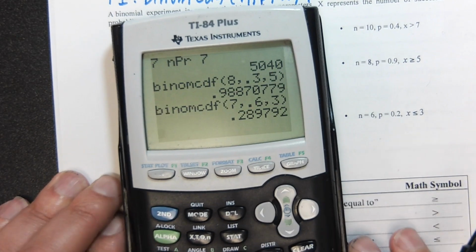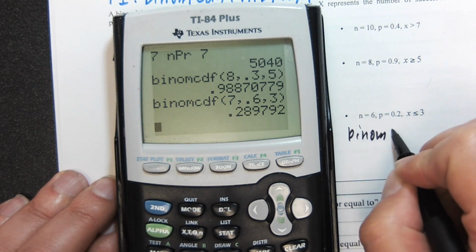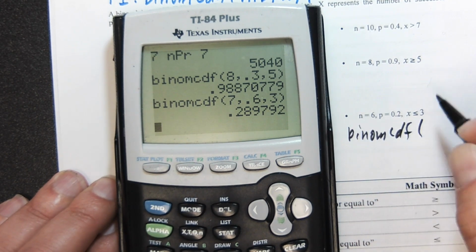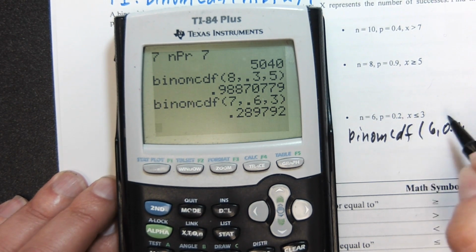So I'm going to bring this over here. This is going to be binom CDF 9, 0.2, and here I'm including 3.